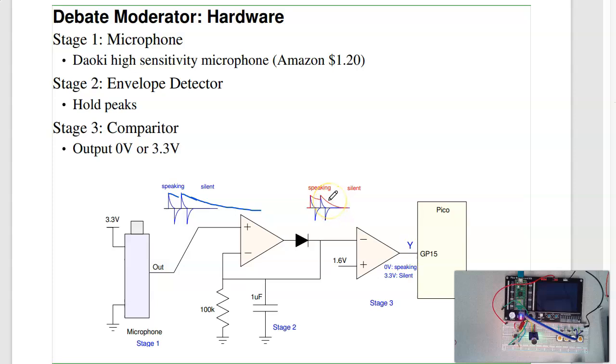I then want to convert that to logic levels. When I'm speaking, I get 0 volts. When I'm silent, I get 3.3 volts. So here's my comparator. Compare it to 1.6 volts right in the middle. If it is more than 1.6, meaning I'm speaking, I'll get 0 volts out. Less than 1.6 volts, quiet, I'll get 3.3 volts out.